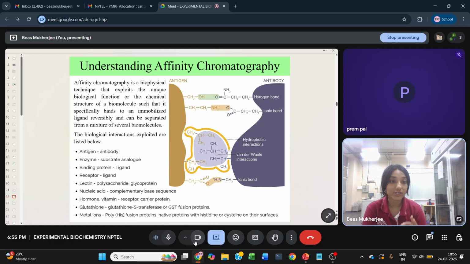And we have polyhis fusion proteins or native proteins with histidine or cysteine on their surface. So even native proteins can have a stretch of histidines and they can bind to these his tagged, right? So nickel, that is one issue with it, a drawback of this particular technique.